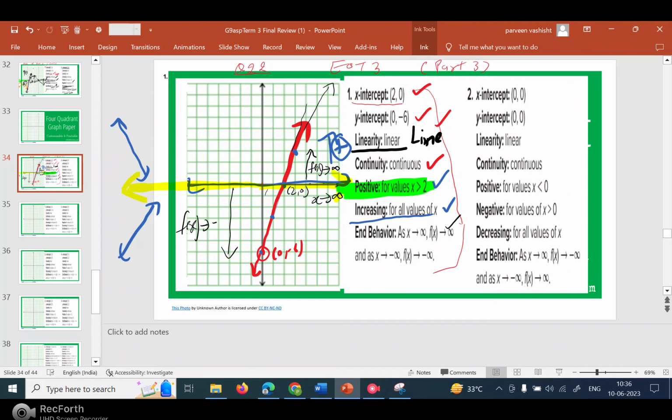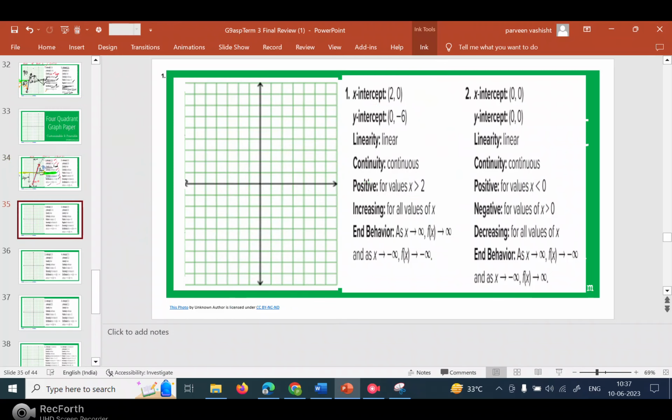So f(x) coming down means it is going to minus infinity, because y is going down. Here f(x), that is y, goes to negative infinity, and on the other side f(x) goes to positive infinity. So this is the end behavior. This is our perfect graph. You can show it and you'll get good marks if you do it.